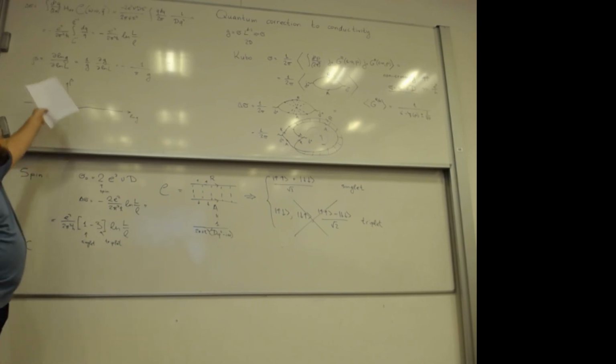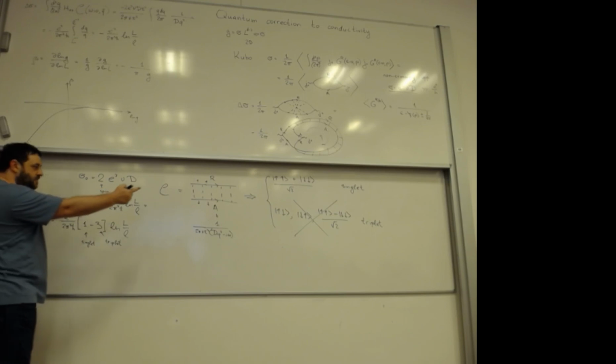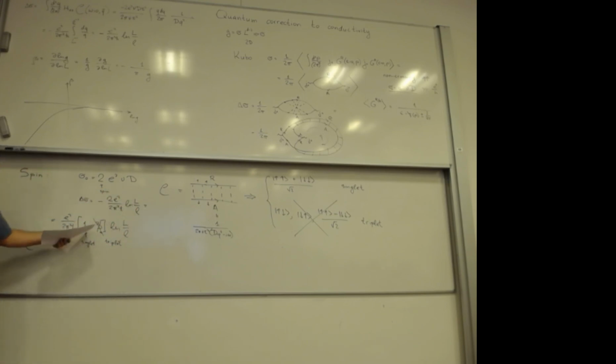And this singularity was needed to get a logarithm. We had this 1 over q in the integral, so we need that at small q this function really diverges. Otherwise, the correction will not be logarithmic. We do not have a singularity in the denominator. And since we killed the triplet, it means we kill this -3 contribution, and we are left with +1.